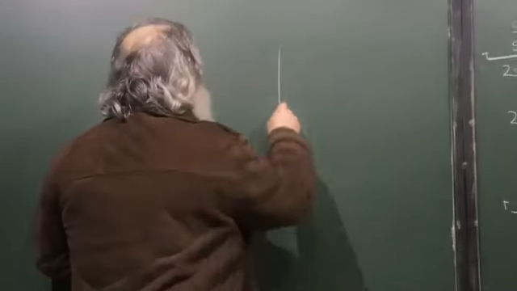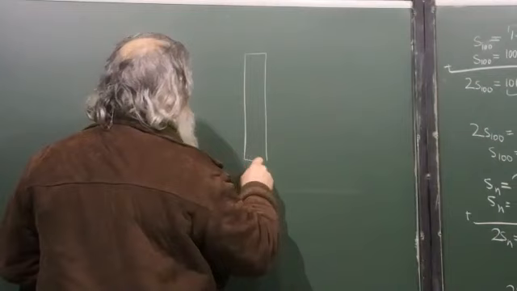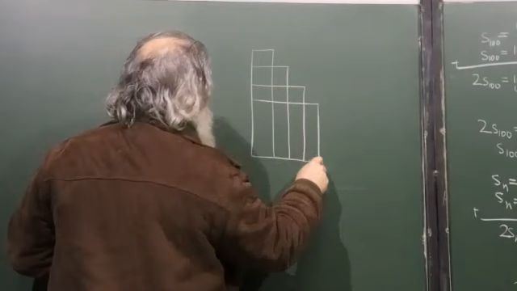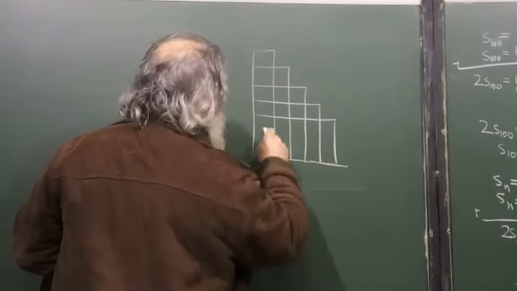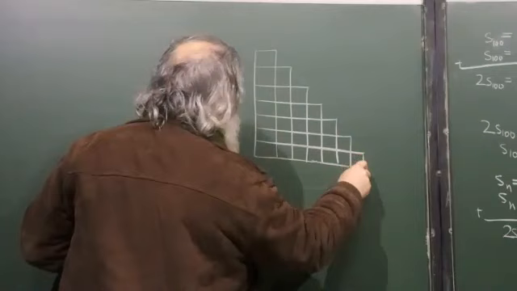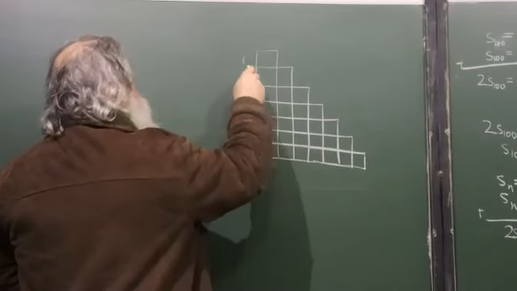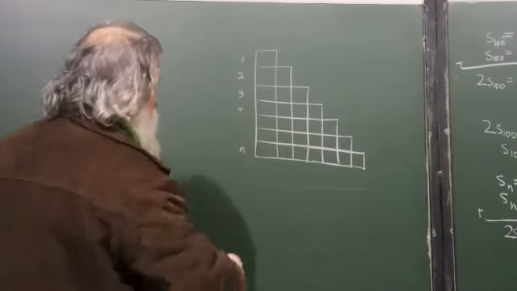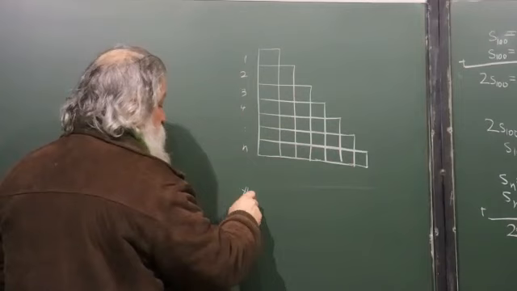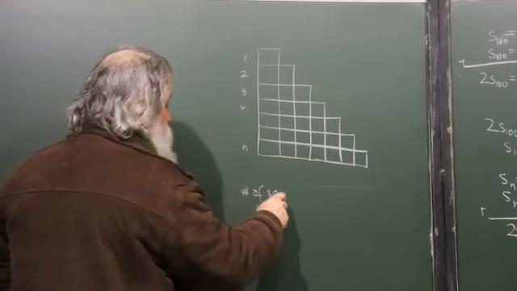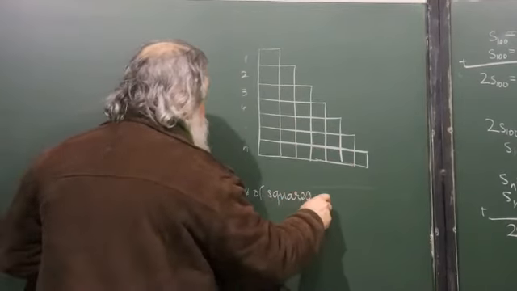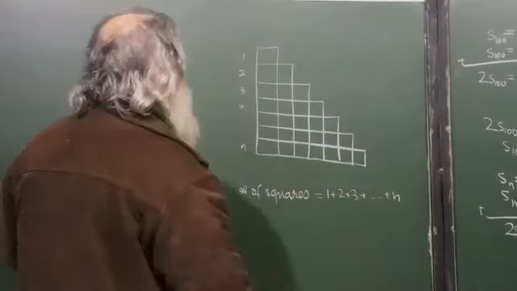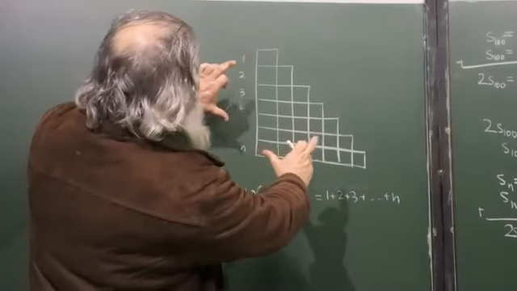So I'm going to do something like this. Here I have 1 square, here I have 2, 3, 4, and so on. Here I have n. So the number of squares is 1 plus 2 plus 3 up to n. Now make a copy and paste of this and reverse it.